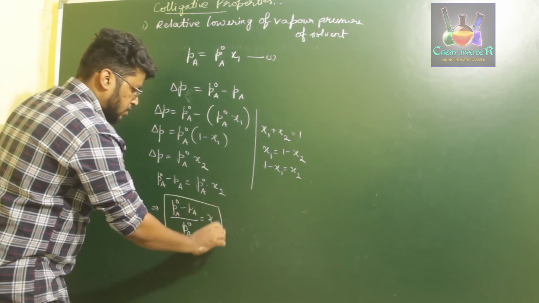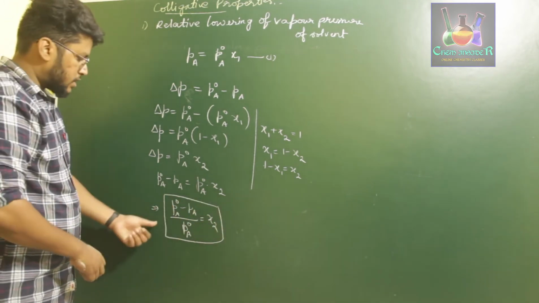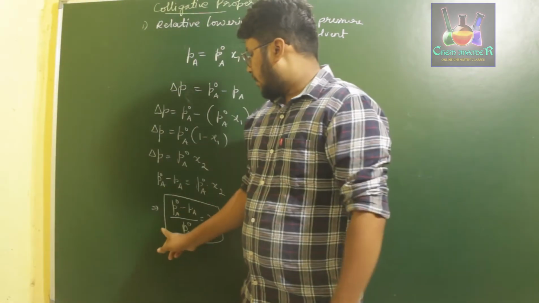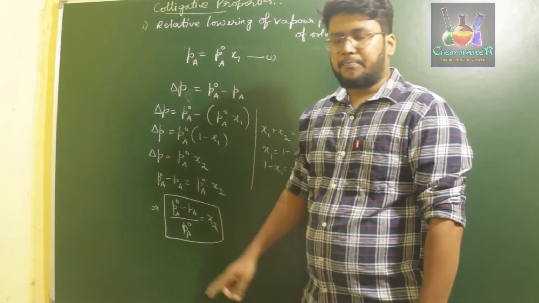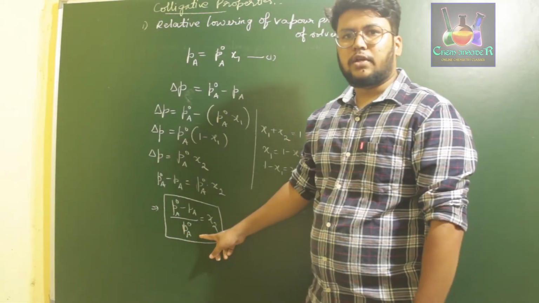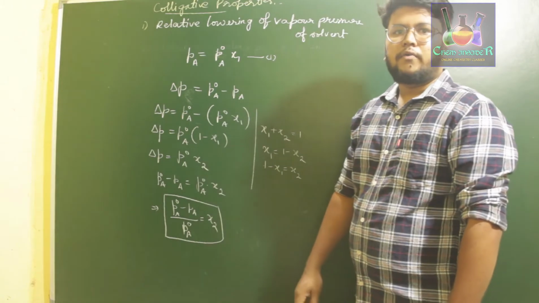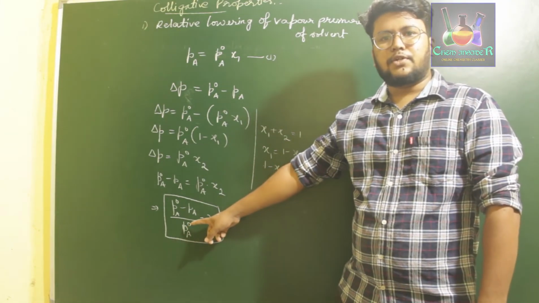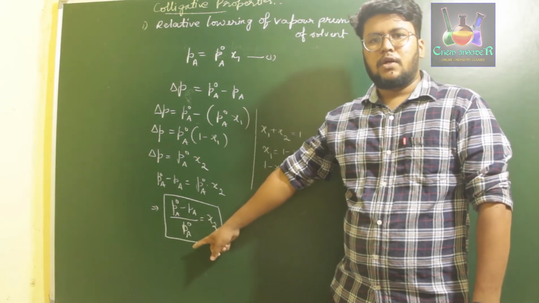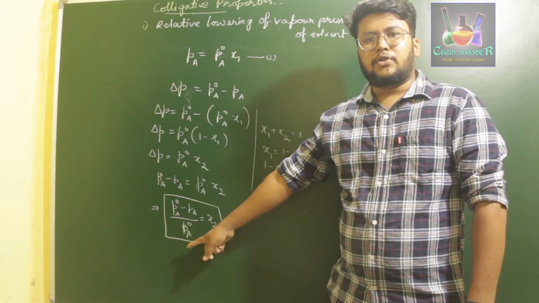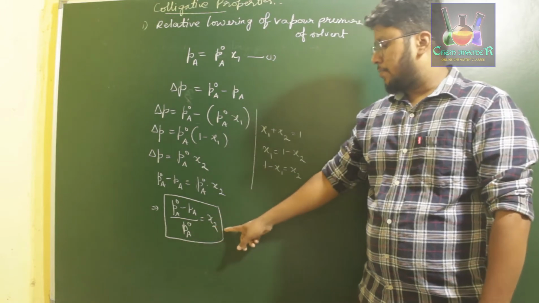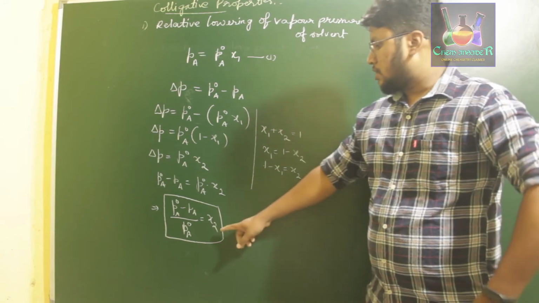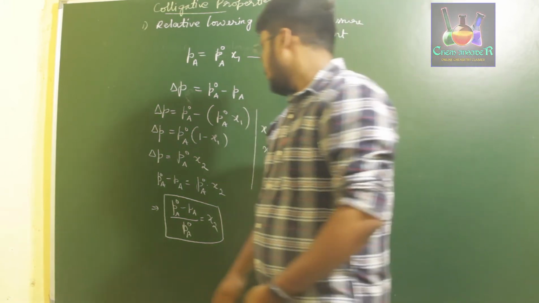The left hand side of this equation is called the relative lowering of vapor pressure, where we are observing the change in vapor pressure of the solution with respect to the vapor pressure of the pure solvent, depending upon the mole fraction of the solute.